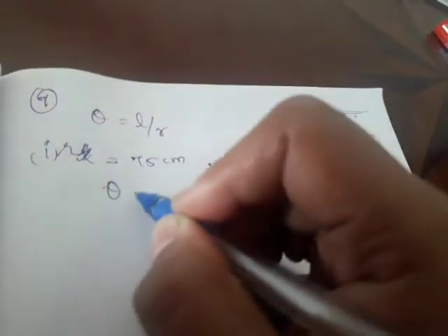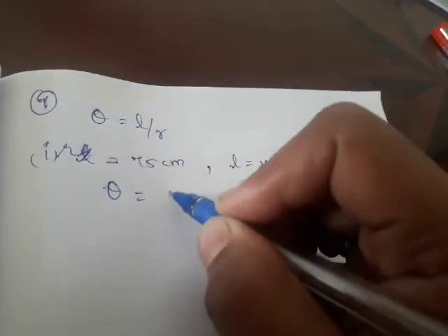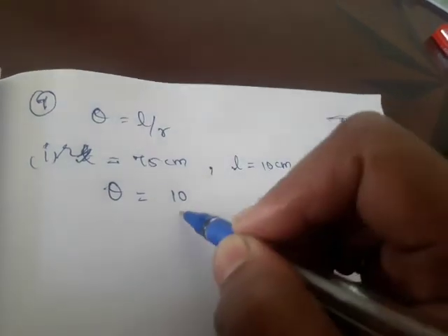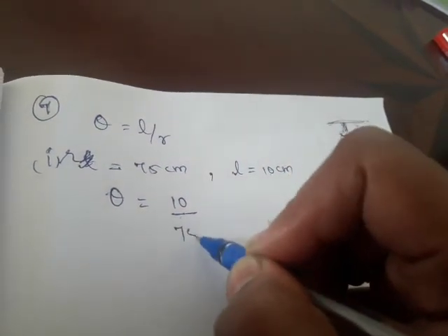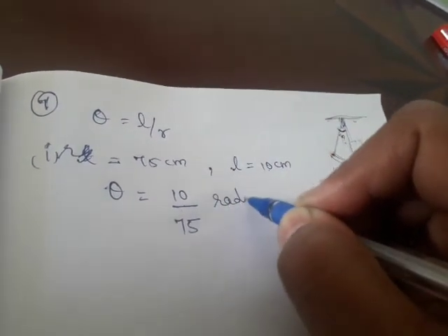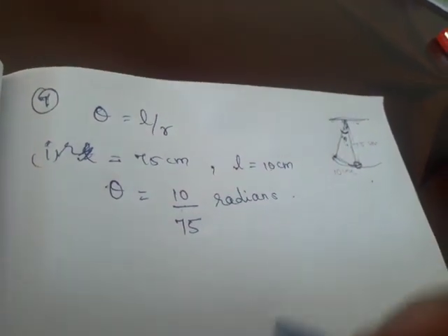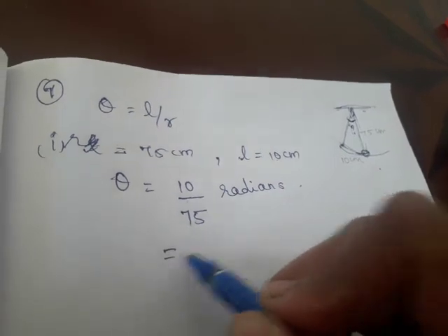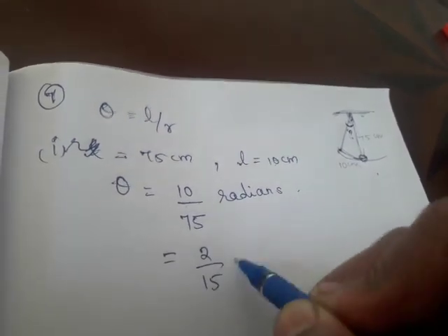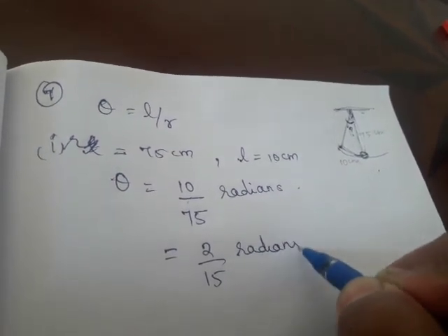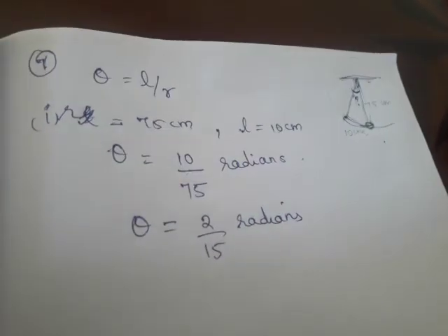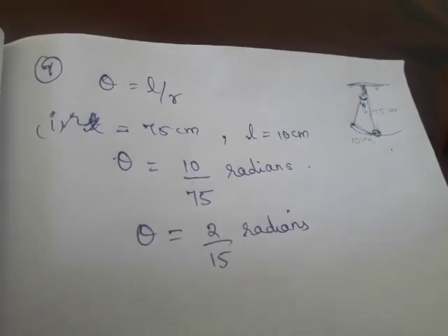So your theta is going to be L by R. So 10 divided by 75 radians, right? You can cancel and give your answer, which is nothing but 2 by 15 radian. So theta is equals to 2 by 15 radians is your first subdivision answer.